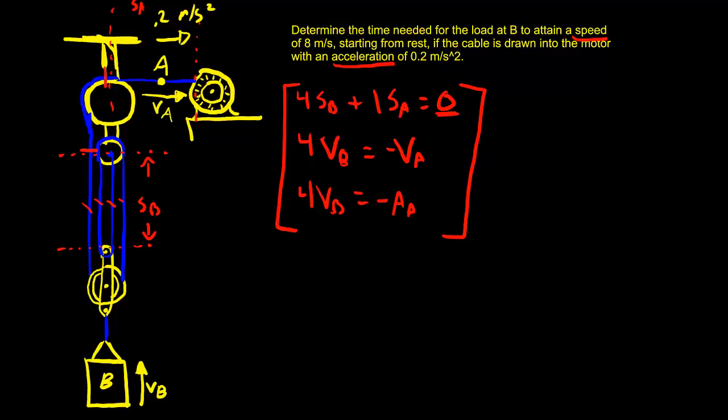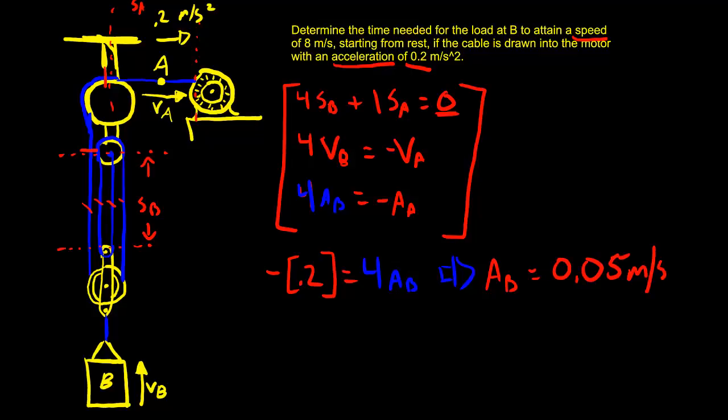We can rearrange this equation over here: negative 0.2, and that's coming from here, is equal to 4 AB. Sorry, that should be an A. So negative 0.2 is equal to 4 AB, the acceleration at B. And we can solve this to find that the acceleration at B is equal to 0.05 meters per second squared.